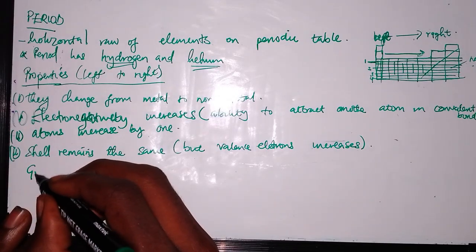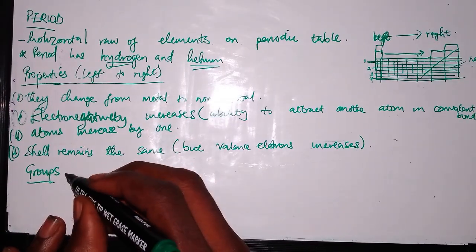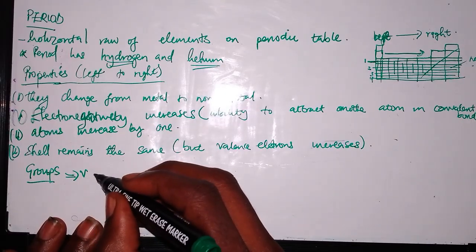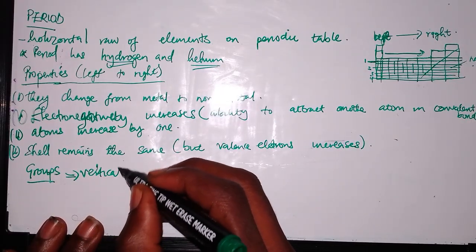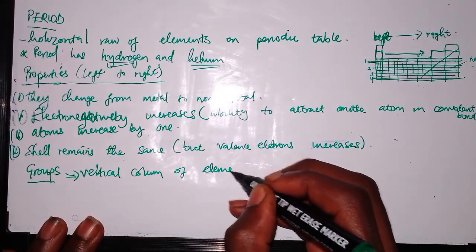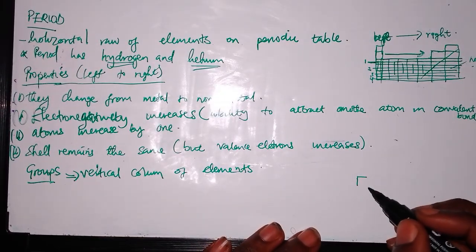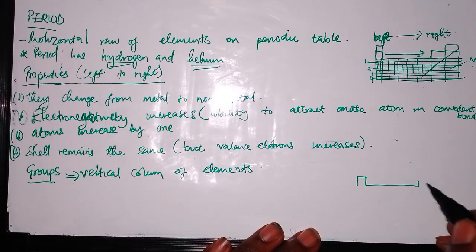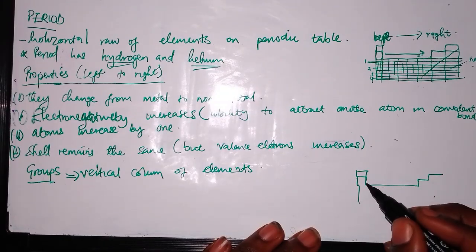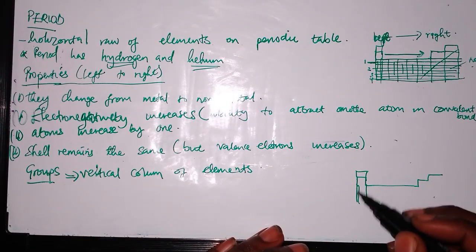What are groups now on the periodic table? So the groups are vertical columns of elements. Remember, previously we understood that the horizontal rows are known as the periods.